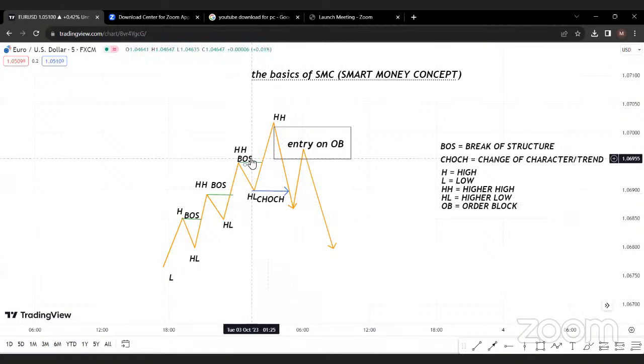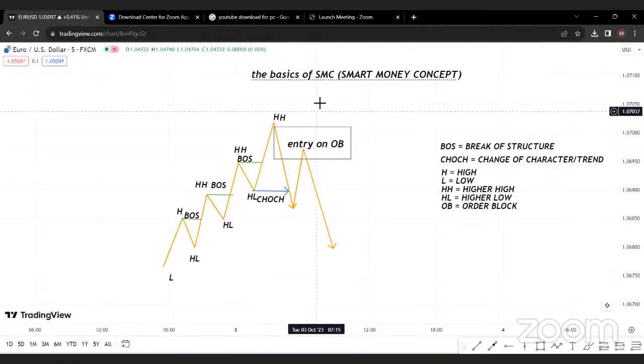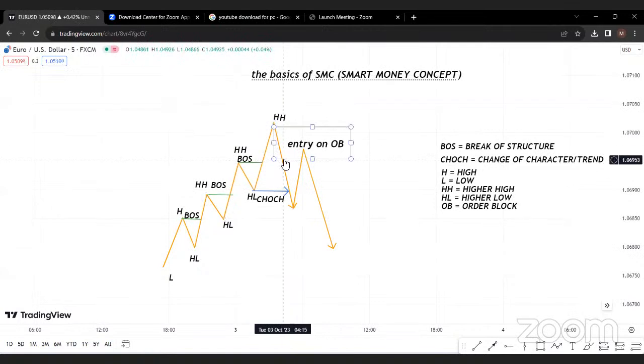As you can see, once the market breaks the last high and the last low, the market went from this point, created a new high, but failed to create a new higher low. If this market was supposed to go in an uptrend, it would have continued creating new highs and new lows. So this market failed to create a new high. That is causing the market to create a new lower low. So this is a confirmation that the market has broken its trend now.